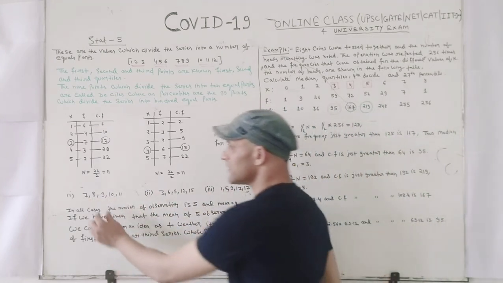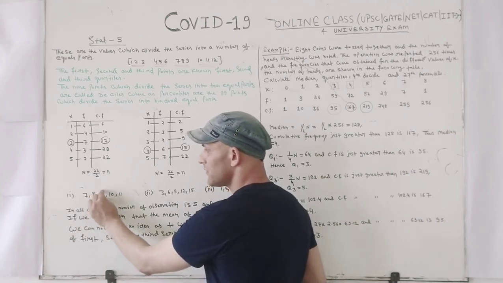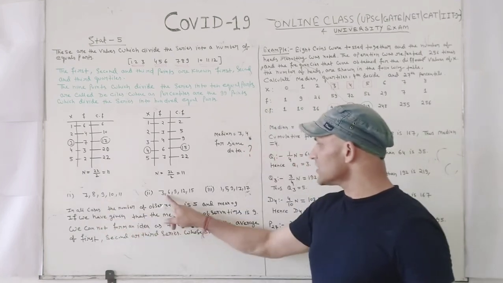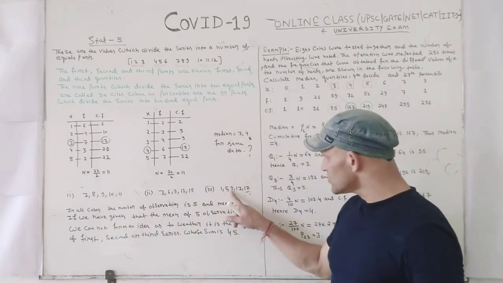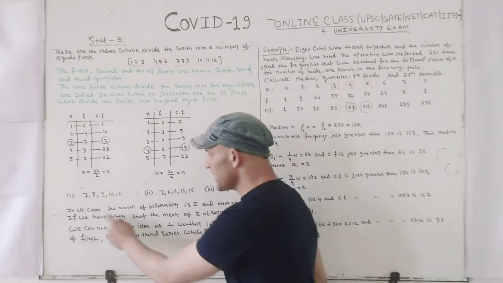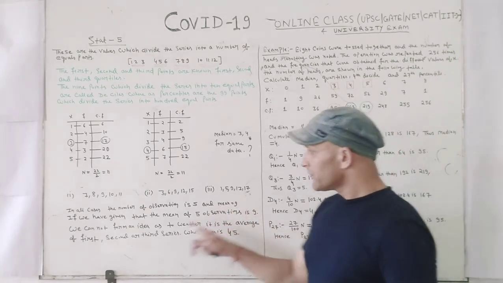Here you can see that 2 data are on each side, so this is the middle value, and the middle value is the mean. Here is also a middle value, which is the mean, and here too. So for all the observations, the mean is 9.